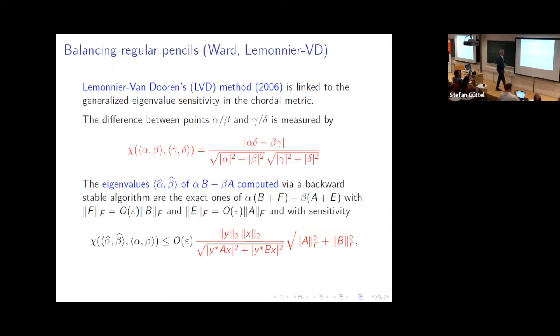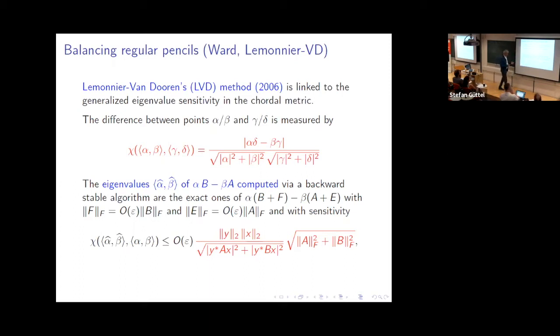That's the expression. It was shown by Stewart and Sun that the QZ algorithm performs a backward stable decomposition. Therefore, the computed eigenvalues are exact eigenvalues of slightly perturbed matrices B plus F and A plus E, where F and E are much smaller than B and A, of course.